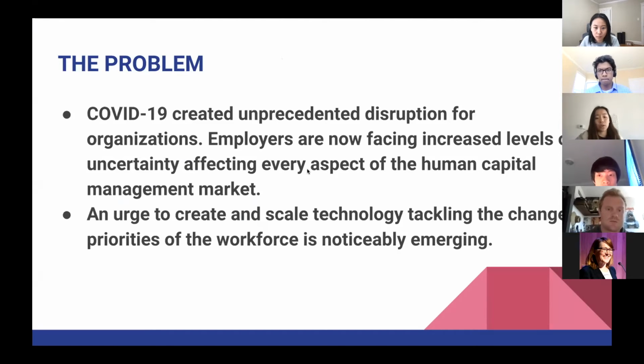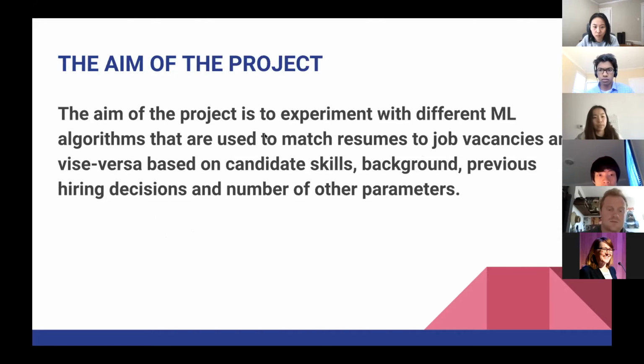So there is an urge to create scalable technology tackling the changing priorities of the workforce, and that is noticeably emerging. The goal of our project is to experiment with different machine learning or natural language processing algorithms that are used to match resumes and job vacancies and vice versa based on candidate skills, background, previous hiring decisions, and a number of other parameters.